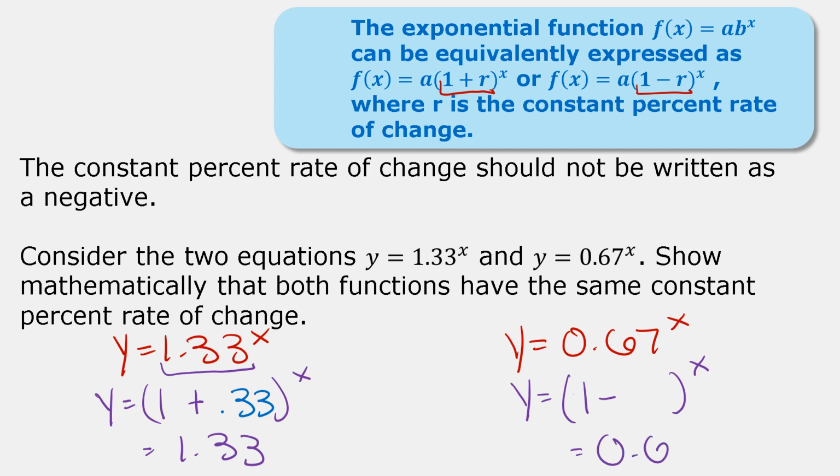We want to think of what number do I need to subtract from 1 to get to 0.67, which is also 0.33. So they have the same r value, it's just one time we're adding it, so we're increasing by a certain rate. And then the other one, we're subtracting away that 0.33, so we're decreasing by that rate.